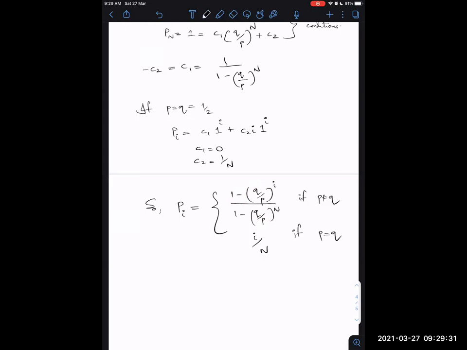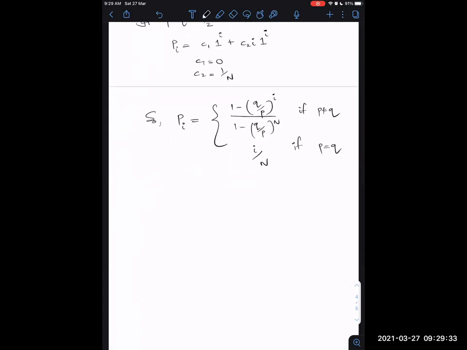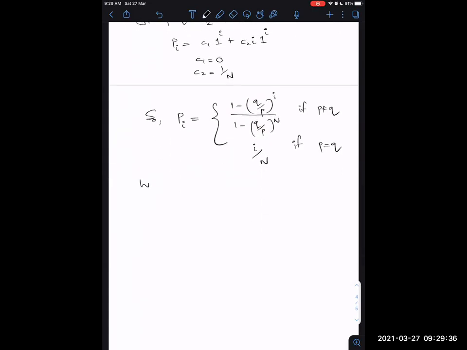Cool. So now the question is, what is the probability? This is a question for you guys. What is the probability of a draw? One of you will have to give me the answer for this. Okay, let's look at a specific case.